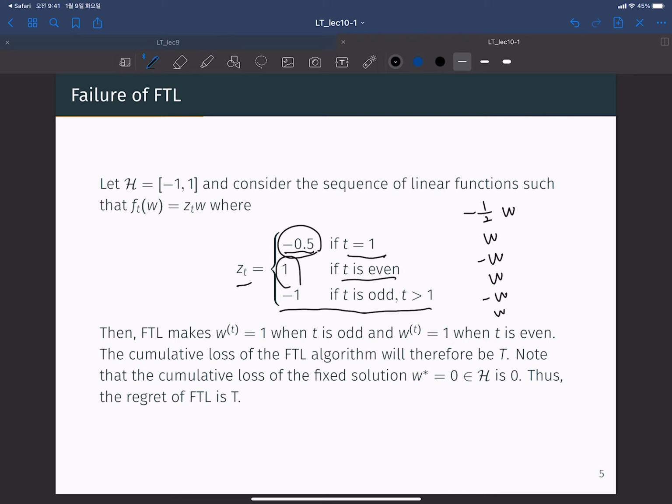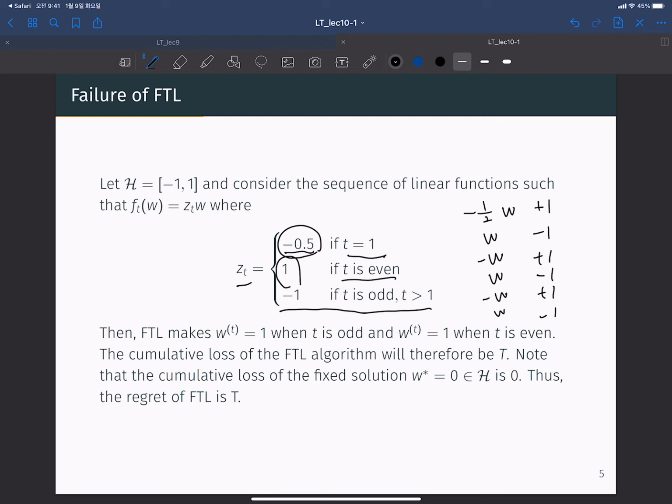So to optimize the sum of these f_t functions, we have to choose +1 here and -1 here, +1 here, -1 here, +1 here, -1 here.